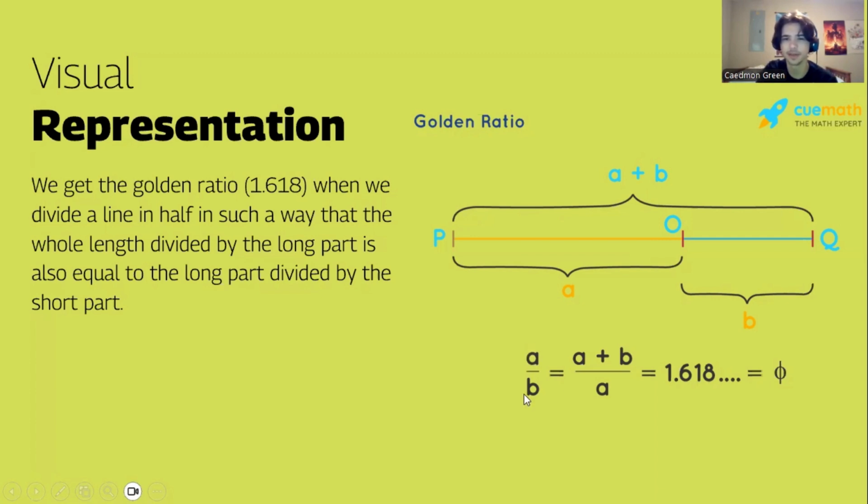A divided by B equals A plus B divided by A, and that equals 1.618 dot dot dot because it is an irrational number, but 1.618 is the simplified version of that.